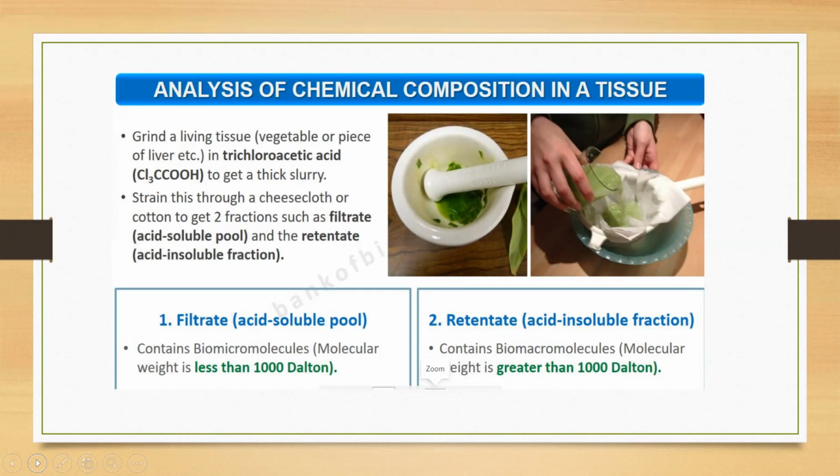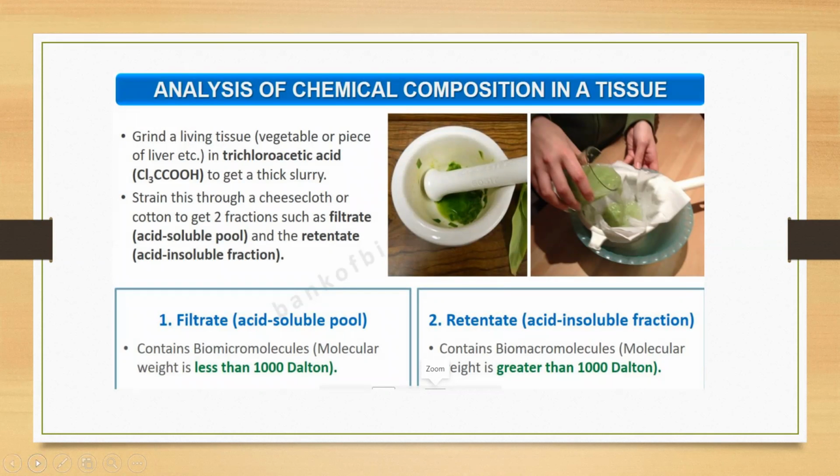So you take a living tissue, a small piece of leaf or liver or vegetable, and you grind it in trichloroacetic acid, and then you get a thick slurry. Strain this slurry through a cheesecloth, a muslin cloth, or a cotton cloth.